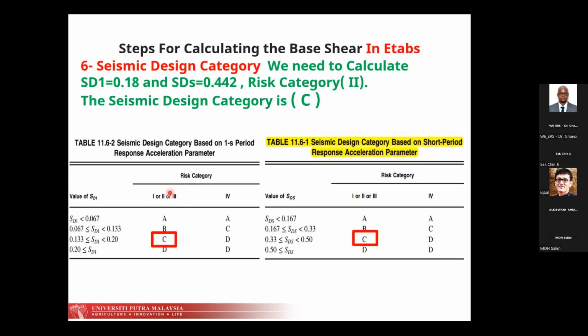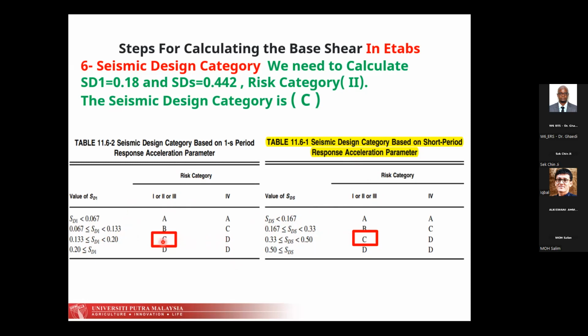In this case, our risk category is 2, and the SD1 is 0.18. It's located here, so our seismic design category is C. And for the SDS, the risk category is also 2, and the SDS is 0.442. It's also located in C. There are some cases where we will have a different category for SD1 and SDS.